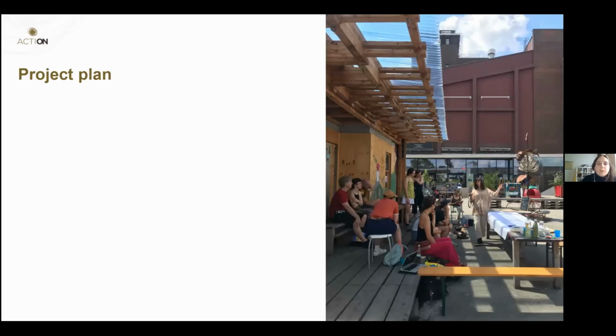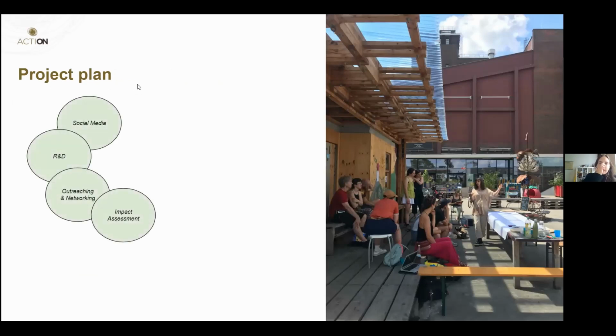So this bottom-up approach was also applied for the preparation of our project plan at the beginning of the accelerator. At the beginning, every circle was asked to plan activities that they intended to carry out in order to reach the specific aim of the circle.